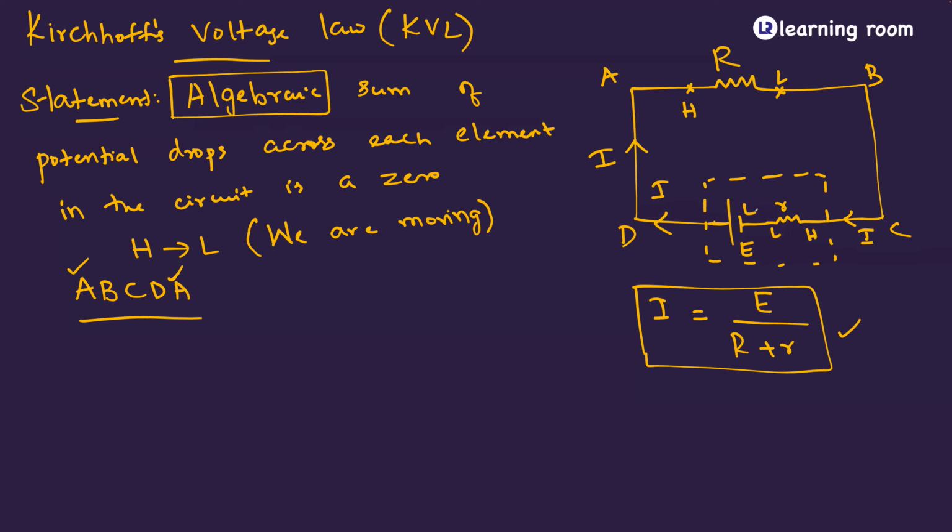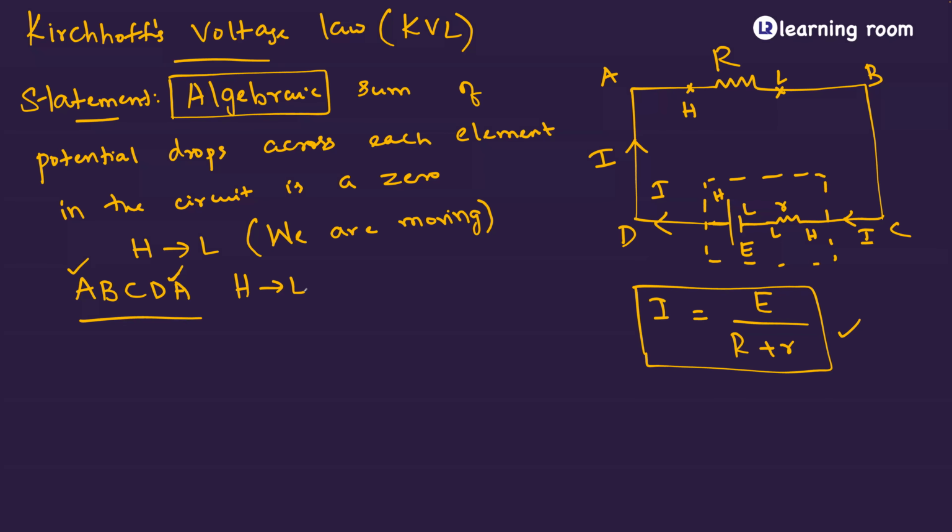Whereas for a battery, nothing is decided by the current. The battery itself has a higher and a lower potential. Am I clear with this? So understand, if you are going from higher to lower potential, you tend to lose energy. It is very simple. If I take an object and just drop it, it is traveling from higher potential energy to lower potential energy.